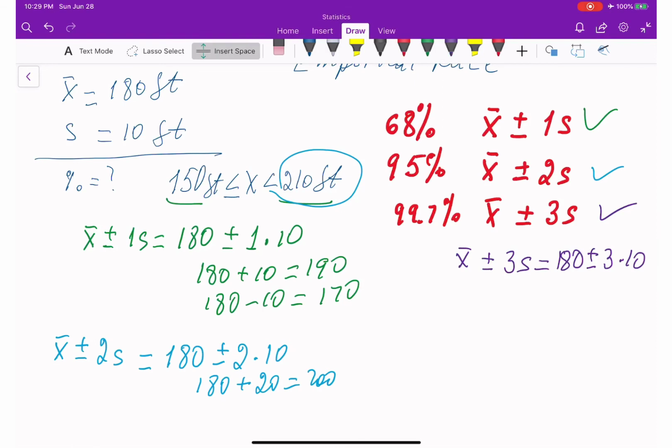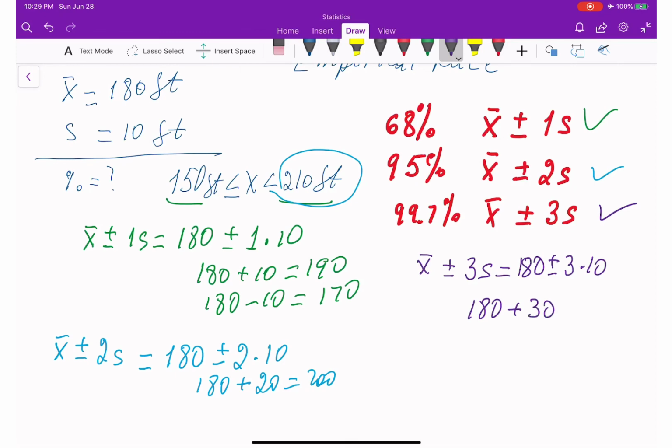So 180, oops, sorry, 180 plus 3 times 10 is 30, will be 210. Well, looks like we hit the upper level, 210. And now 180 minus 30, it's equal 150.